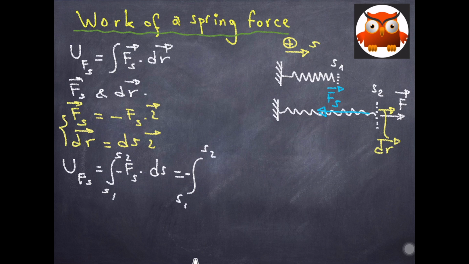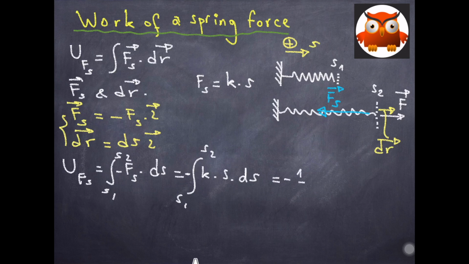We know that Fs, the spring force, is simply K times S, and S is the amount of stretch or compression. So you can put here K times S, then ds. And this shall give me what? What is the integral of S ds? It is S squared over 2.